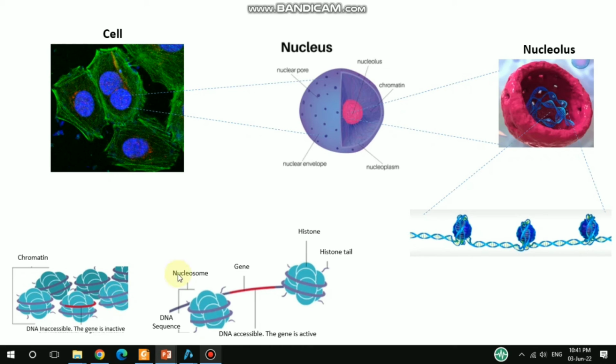The histone can unwrap this DNA sequence by acetylation or deacetylation, and that is known as epigenetic regulation. By this epigenetic regulation, a gene is wrapped or unwrapped, and during the expression of the protein, the particular DNA sequence is unwrapped from the histone protein.